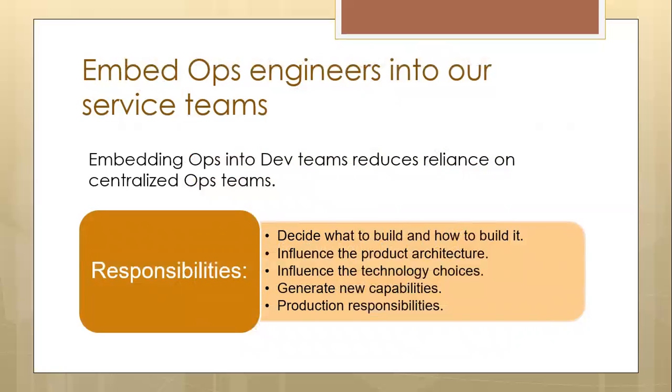So that way we will have somebody from the operation team to take care of the needs that we have for automation, for deployments, somebody that will help the development teams achieve their goals on time. Because at the end, what we want is to get our code into production environments. So having one team member from the operations team can reduce the time and the reliance on the centralized operation team.